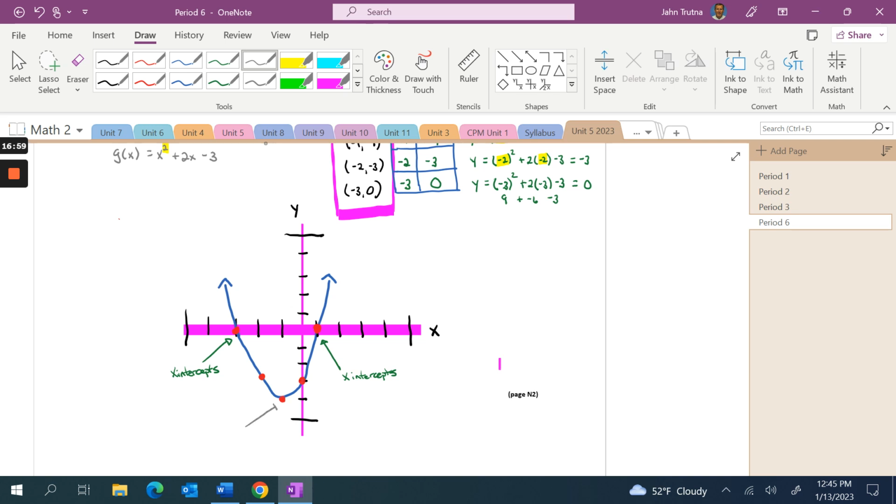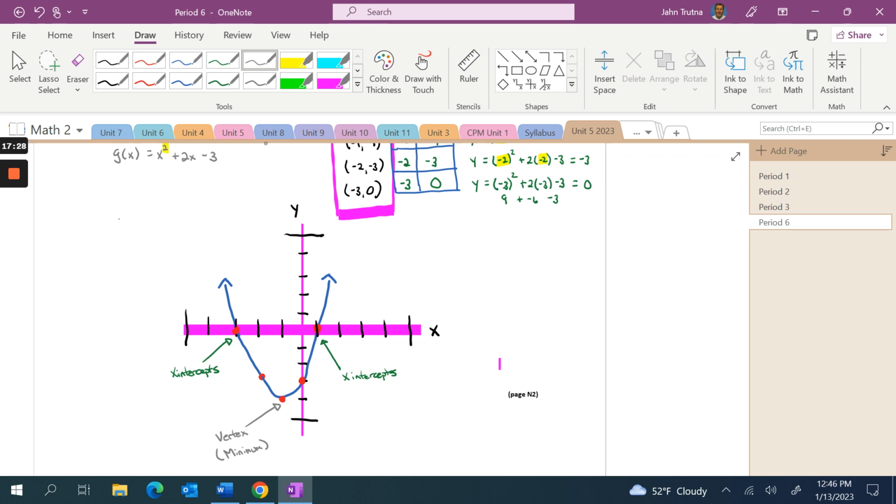Where the gray arrow is pointing, at that very bottom point, that point is known as the vertex of the parabola, and the vertex in this graph is a minimum value. Remember from your notes from assignment number 1, the vertex is the lowest point on a parabola, or it could be the highest point if the parabola was going down.